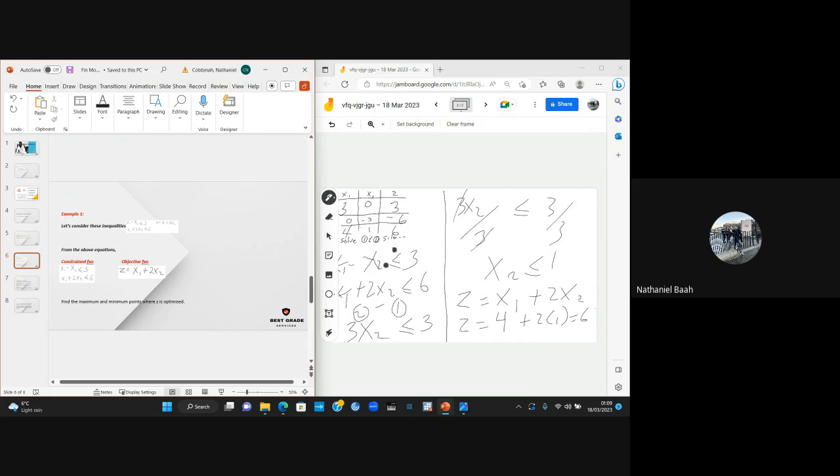Good. So now, let's prove this. In order to know that our answers are correct, that means that if I put these values, that is 4 and 1, into our equation 1, since that was what we used to find the optimum point, we shouldn't get values which exceed 3. So let's prove that.